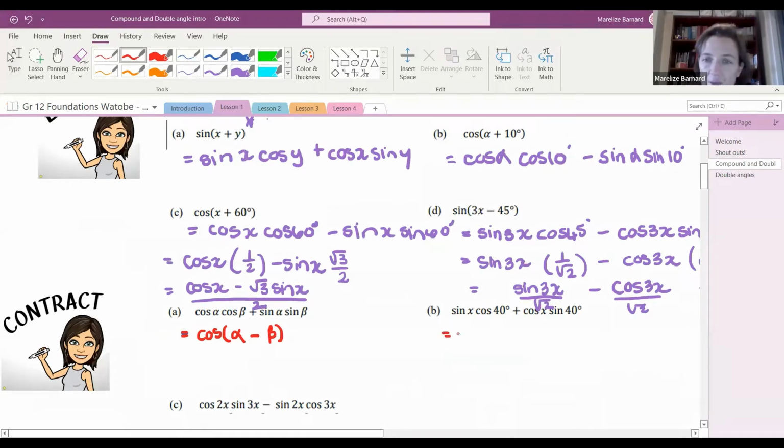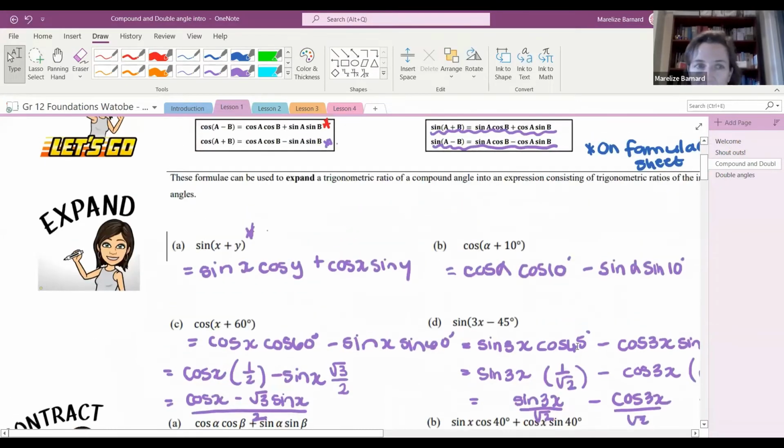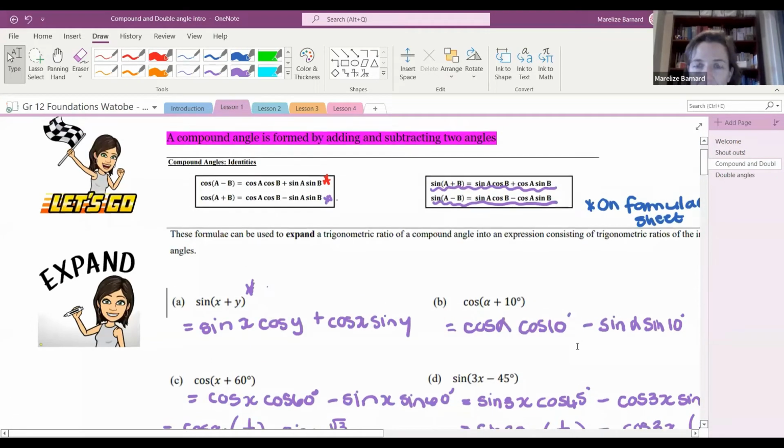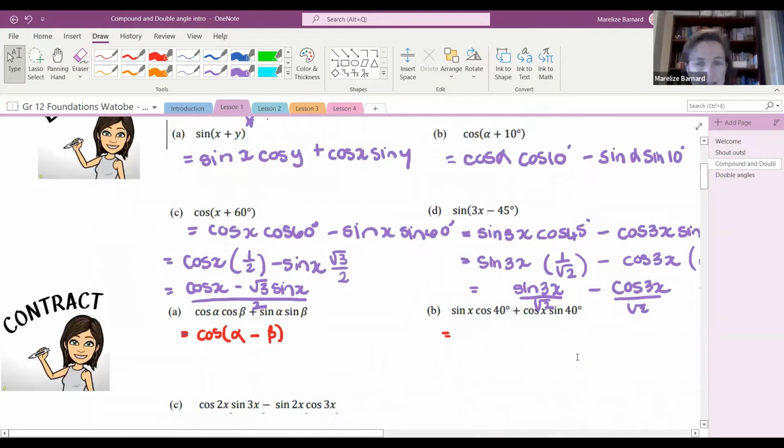Okay, do the next one. Sine x cos 40 plus cos x sine 40. Which one is that going to be? Have a look at your identities. Look for the pattern. Sine cos plus cos sine. Put it in the chat.